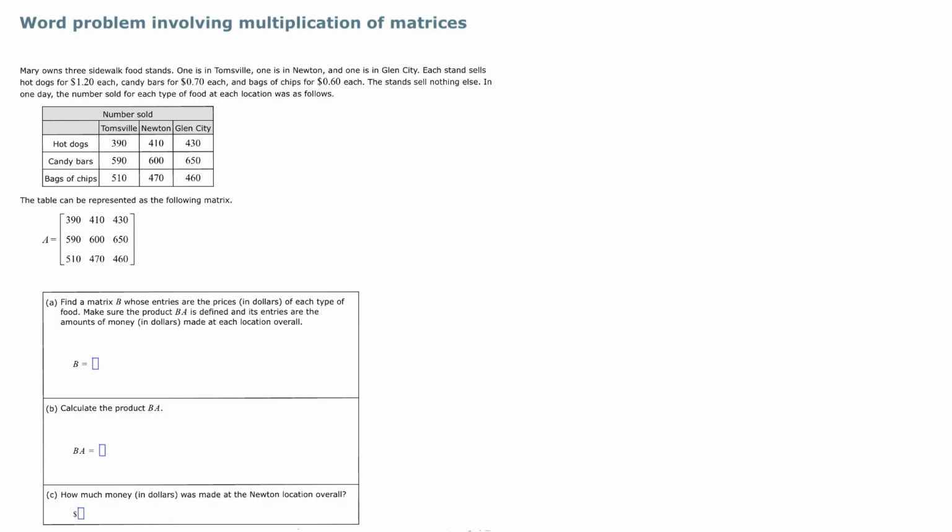I'm going to write A over here: 390, 410, 430, 590, 600, 650, 510, 470, and then 460. So I'm just rewriting matrix A, and we need a matrix B in front of it.